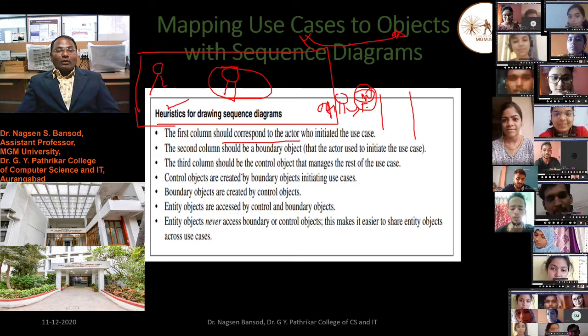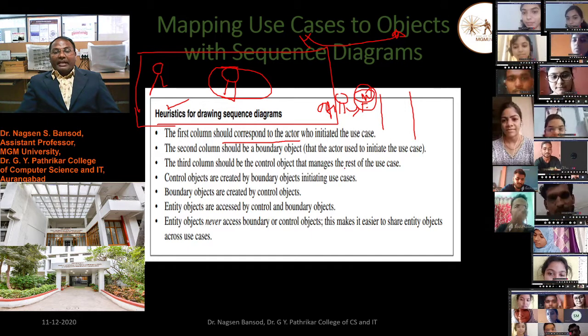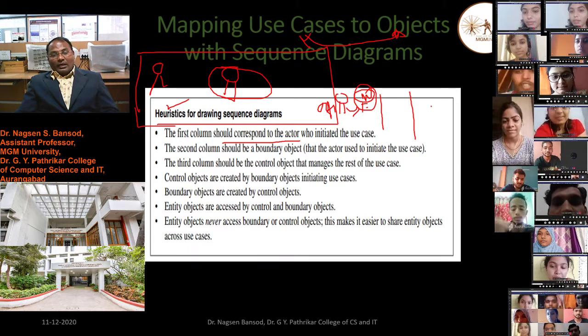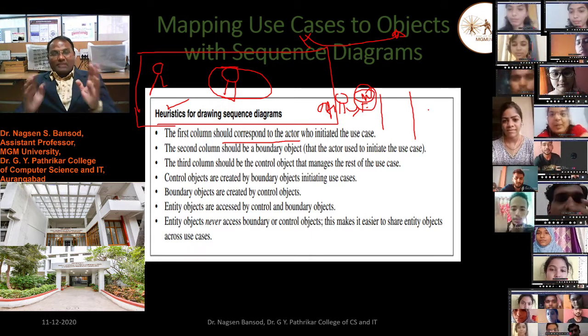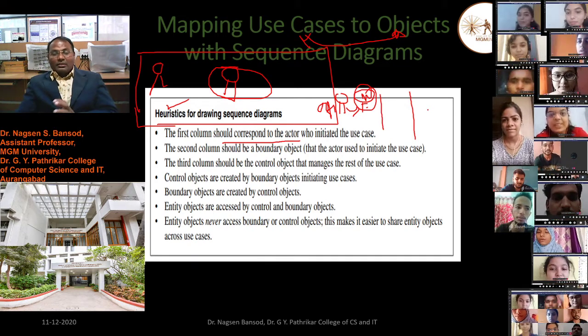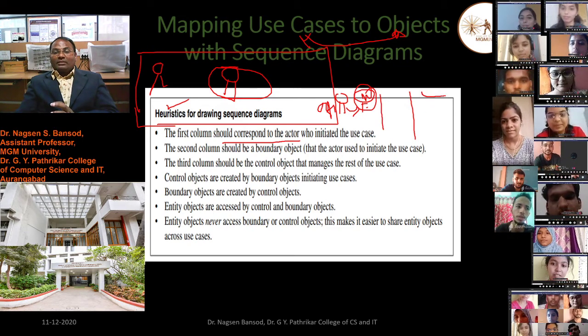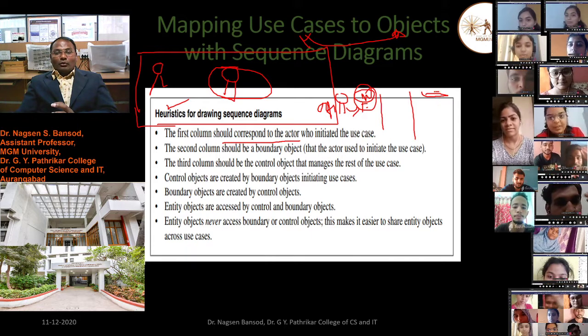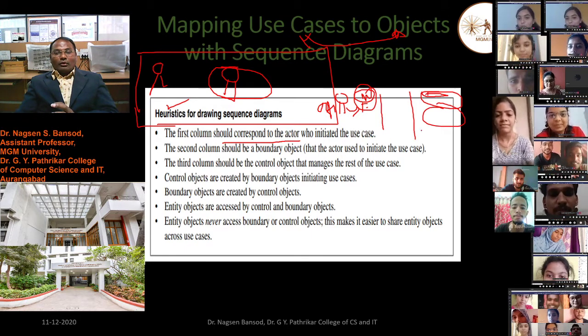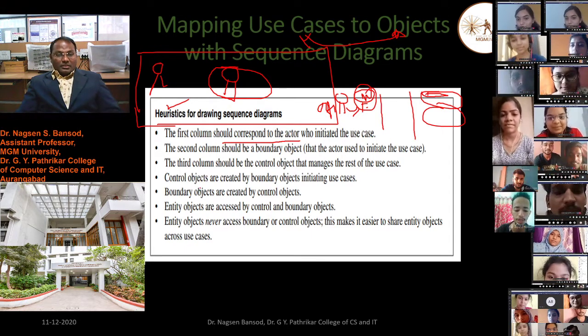The third column should be the control object that manages the rest of the use case. If there are some remaining use cases in our information, they should be in the third column, and there we have to draw the remaining use cases.